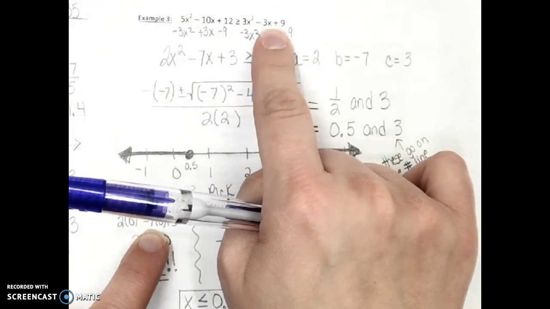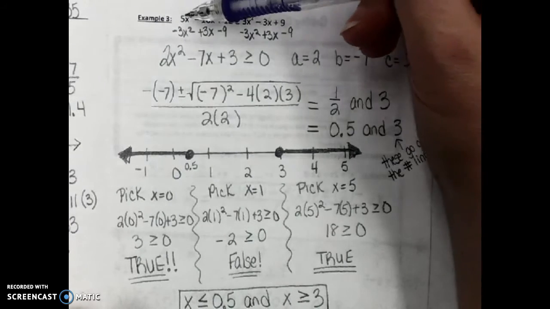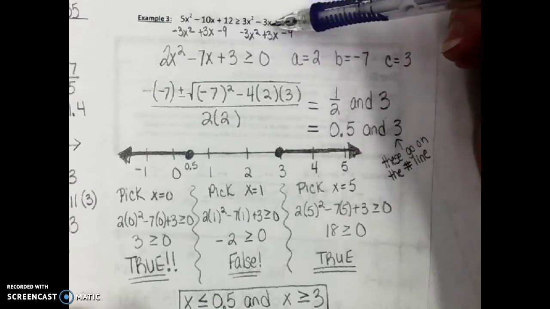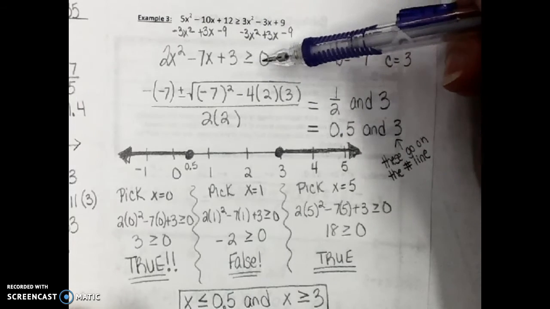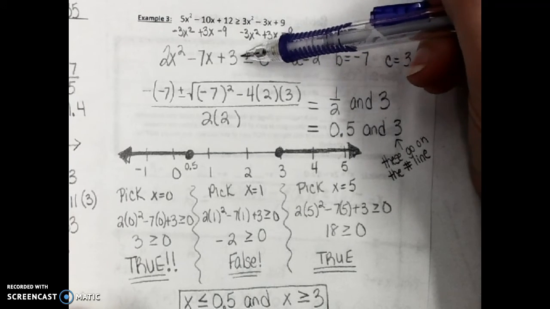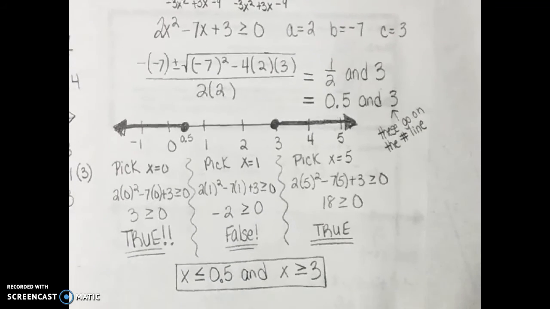I want you to think about what you know about Miss Lusher for a minute. I work smarter, not harder. Look at all these X's. I don't want to plug in everywhere. This expression is equivalent to this one. I plugged into the one that looked easier. And when I did, this is my final answer.